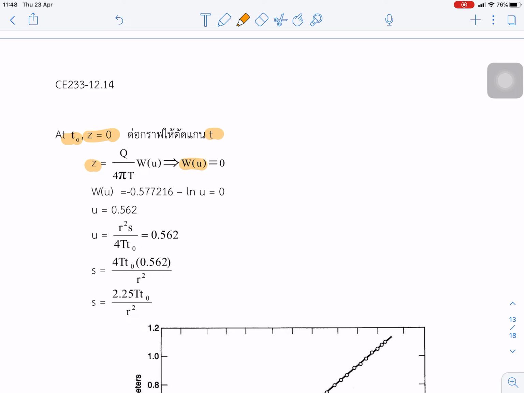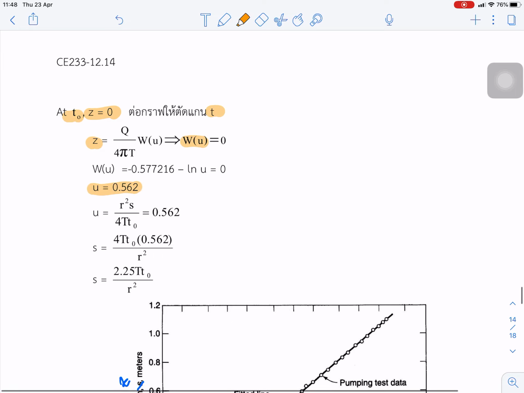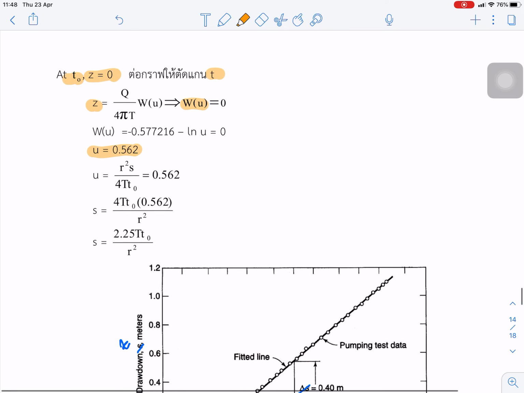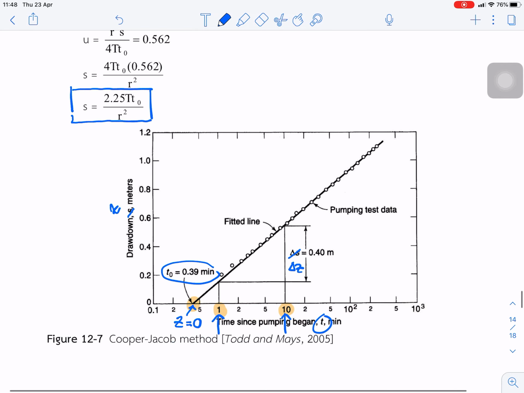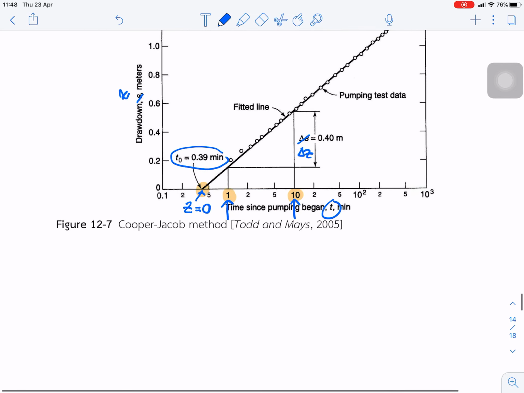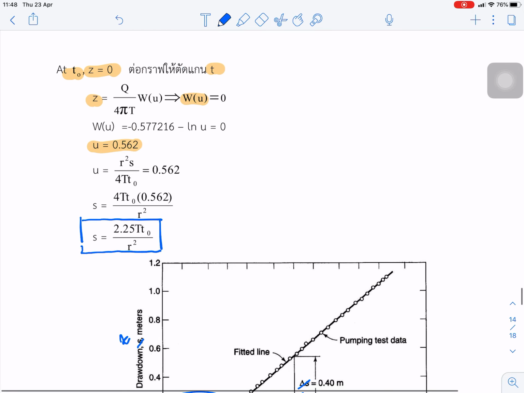Then u is equal to 0.562, and we can rearrange this equation to get the storativity, which is equal to this. We can estimate storativity based on this equation using t, capital T, and t naught. In this case, S is storativity or storage coefficient.